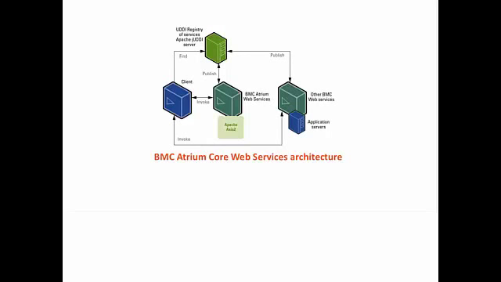And then here's a quick look at the architecture. The green box at the top is the UDDI registry. The one in the middle is the Atrium Web Services, so that's the AWS server. And the client application is running on this box off to the left. And then there are other BMC web services and application servers here on the right.